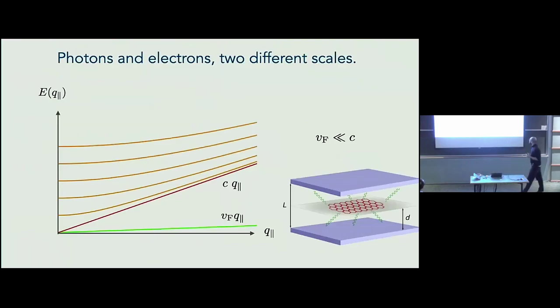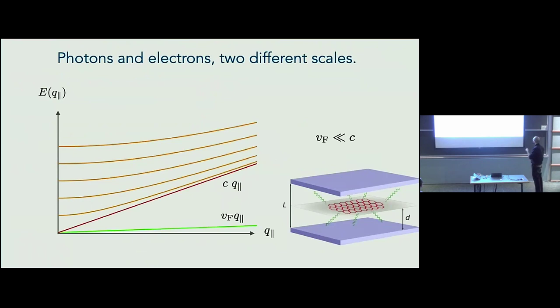And put in other words, let's say that we put a 2D material inside a Fabry-Perot cavity. The dispersion of the photon is this, the energy versus the Q parallel on the XY plane. You can see that there are these orange and red lines that are above the light cone.